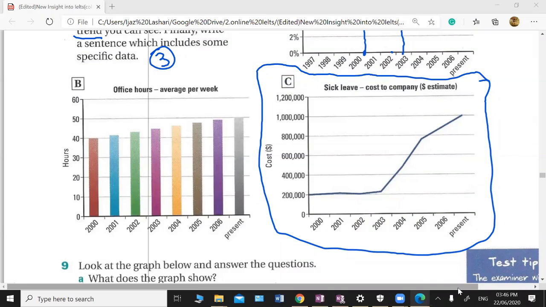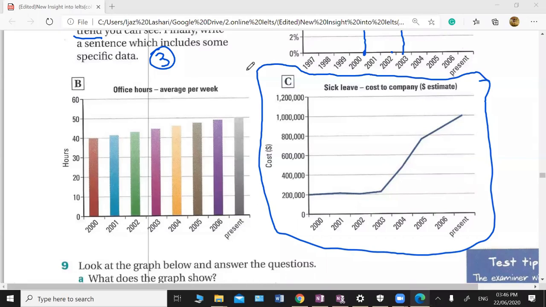Yeah, that's right. So here there are two axes. On the horizontal axis there is the number of years, and on the vertical, the cost is given from 20,000 up to 1.2 million. Yes, right. Thank you. Excellent. Keep going.